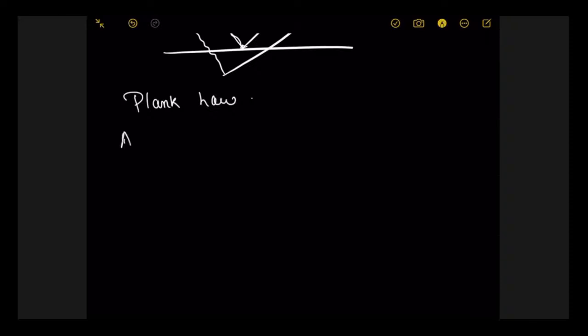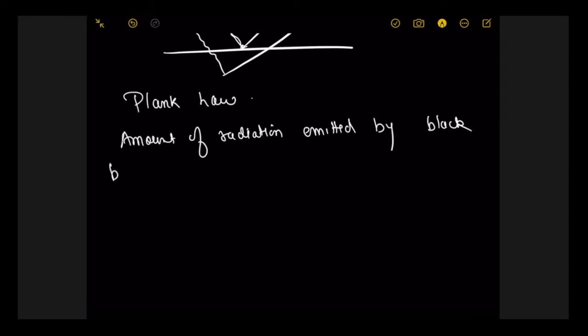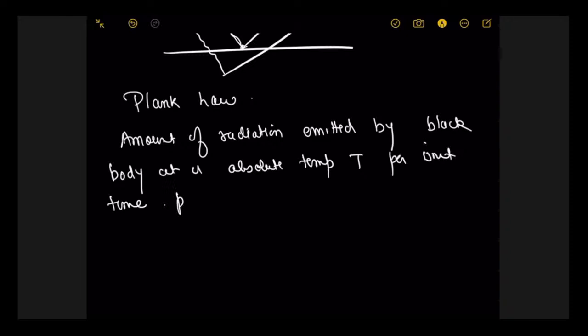Planck's law is the amount of radiation emitted by a black body at an absolute temperature T per unit time per unit area about that wavelength.